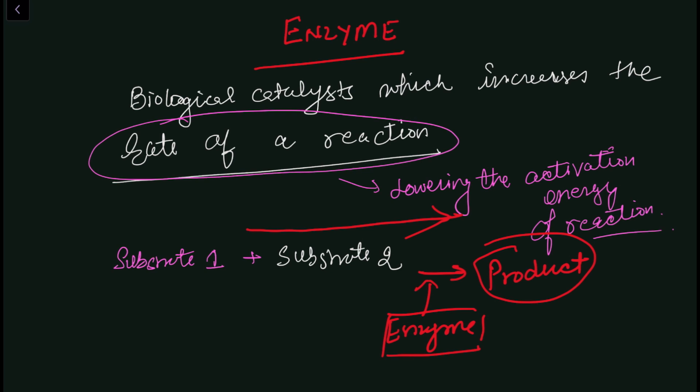Now the term enzyme was given by a German scientist Kuhne in 1878. Clear? So now we will discuss the other words which have similar names to the enzyme, and we will study how these are different from the enzyme, right?